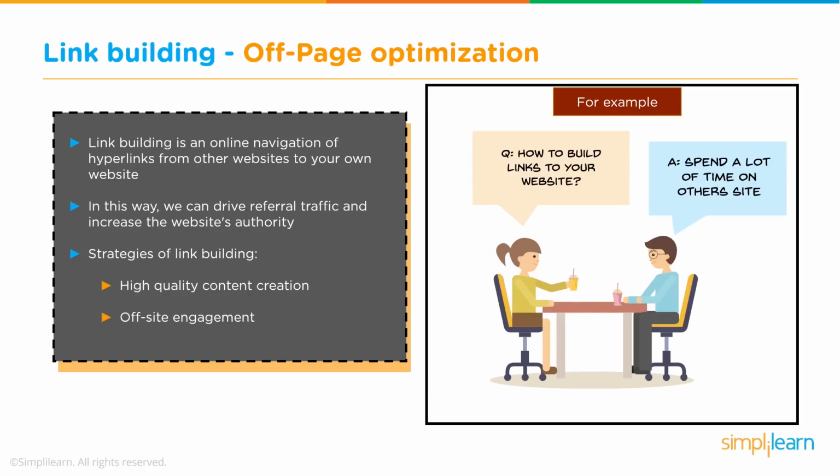So one of the ideas behind off-page SEO is not only do you want to create good content, but you probably want to spend a bit of time on others' websites. So remember the example I used earlier in this presentation about having an ice cream blog and ice cream recipes?